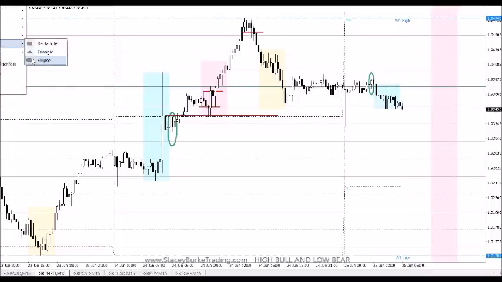And again, just timings, paying attention to the clock, the hourly rotation. So we have an existing profitable trade from the London session. We have a high bull candle that has now been broken and closed below on the 4th candle after the highest bull.